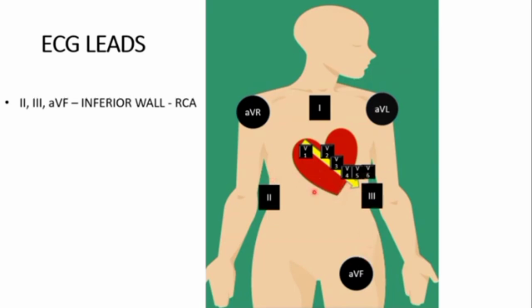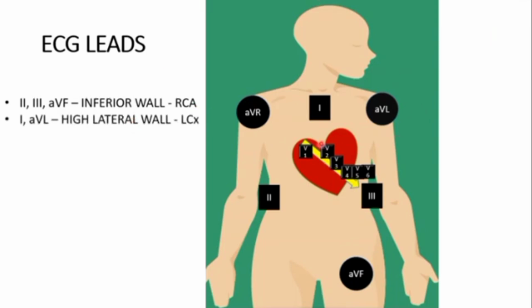The inferior wall of the heart is supplied by the right coronary artery. So if you have a myocardial infarction of the right coronary artery, the inferior wall leads would show abnormal patterns in the ECG. So we can easily know which artery is damaged and which part of the heart is damaged. That is the significance of ECG.